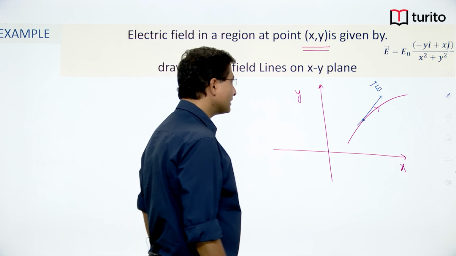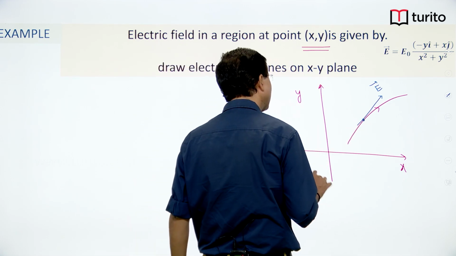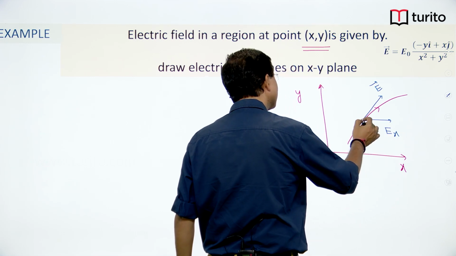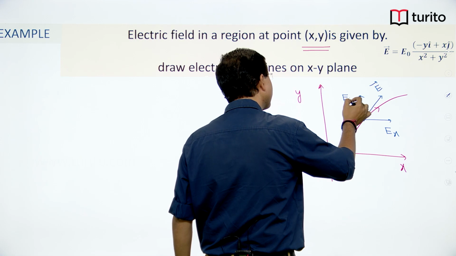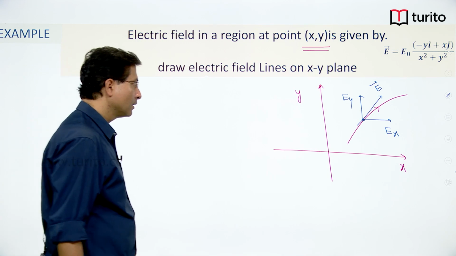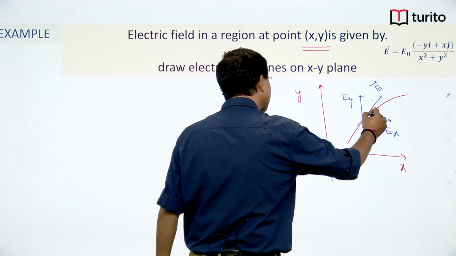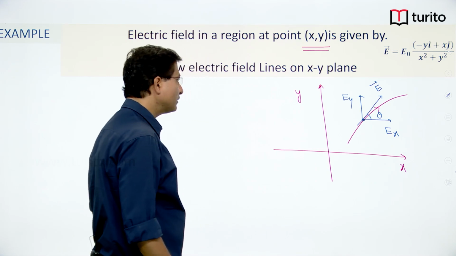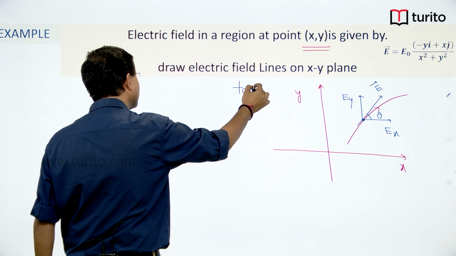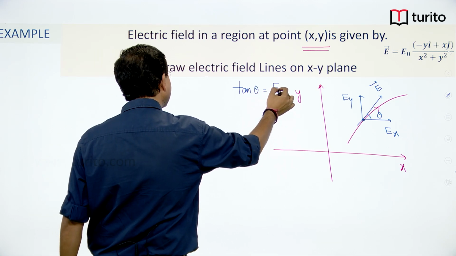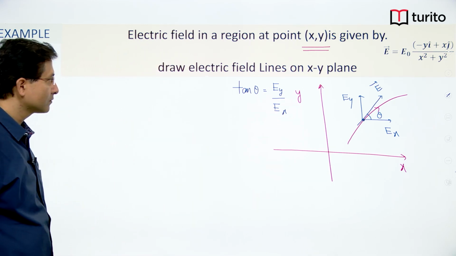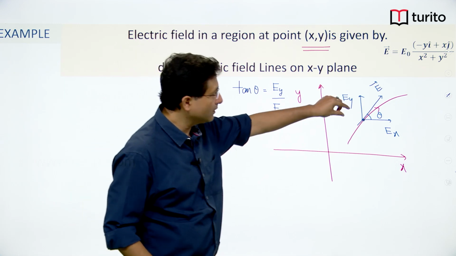So, you can see that the field at this particular point will have two components, one in the x direction and another in the y direction. And if I assume this angle to be theta, so what we can write, tan theta is equal to the y component divided by the x component.